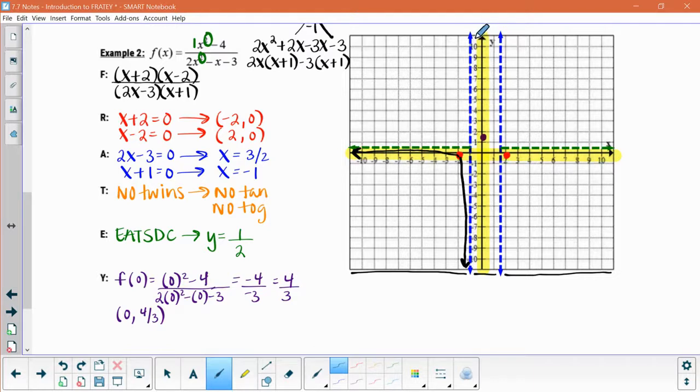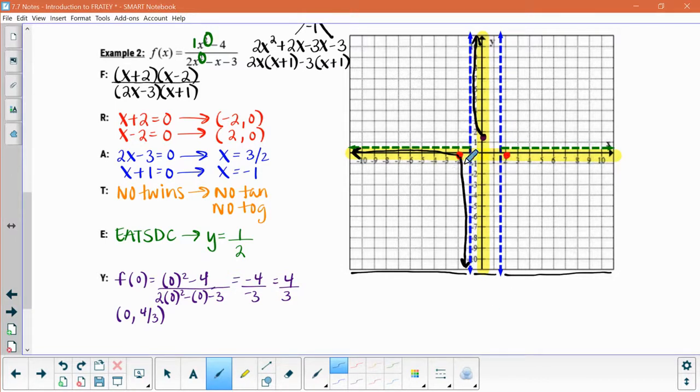Now, again, we do not have any tangency or togetherness. So I'm going to assume, since my curve is going down in this direction and I don't have any togetherness, this means my other piece has to start up here. So it's going to start up here and come down. For now, I'm going to leave it at that because I don't know what's going to happen on this side just yet.